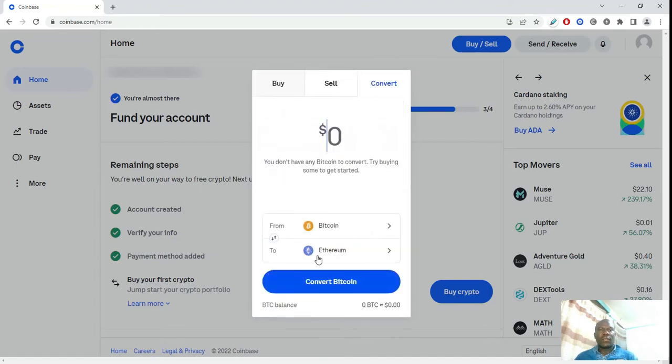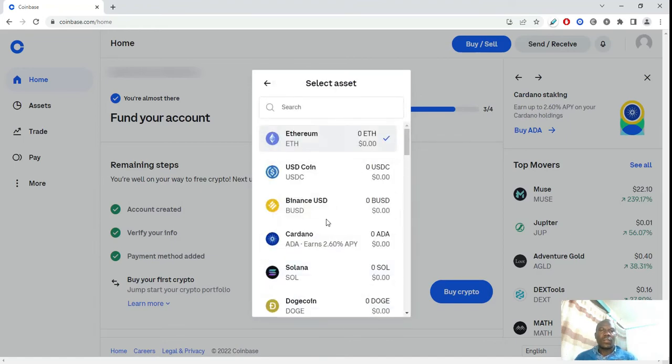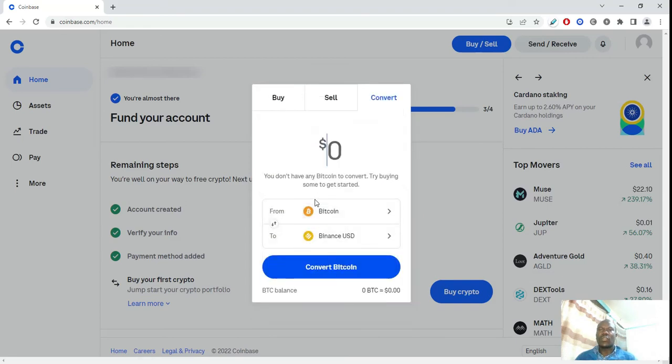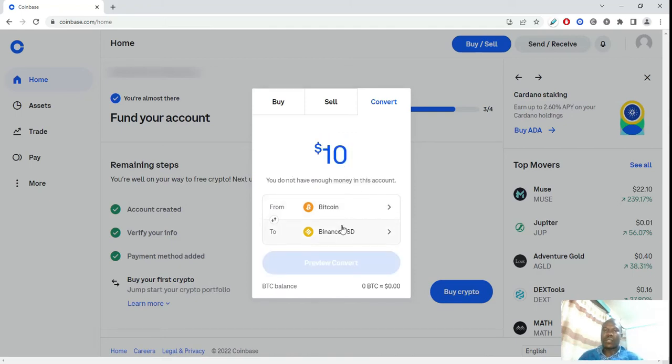I have Bitcoin and I want to convert it to Binance USD. Just click Binance USD. It will convert from Bitcoin to Binance USD. If I want to convert from Bitcoin to Binance USD, then that will convert $10 worth of my Bitcoin to USD. So that's what happens. This is how you can convert from one coin to the other.